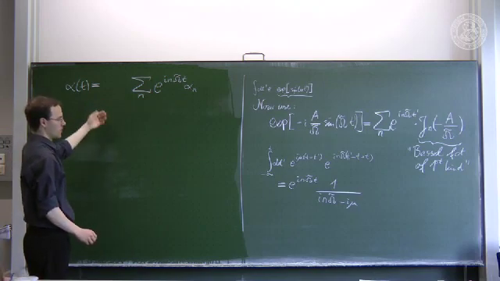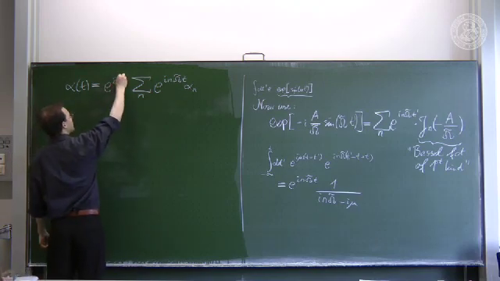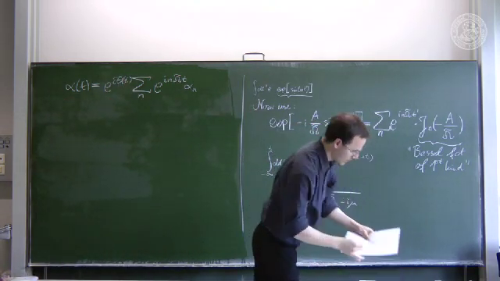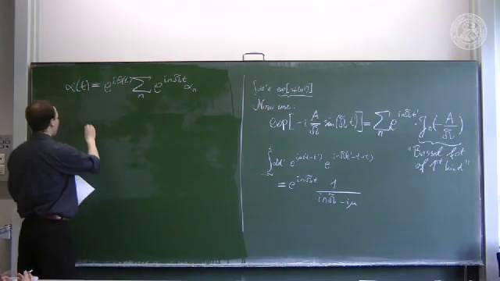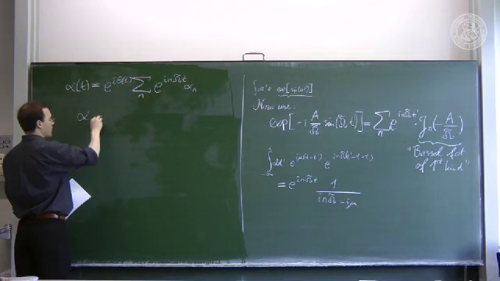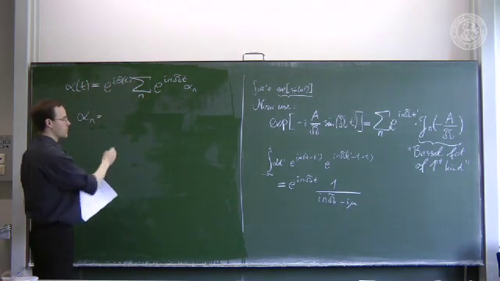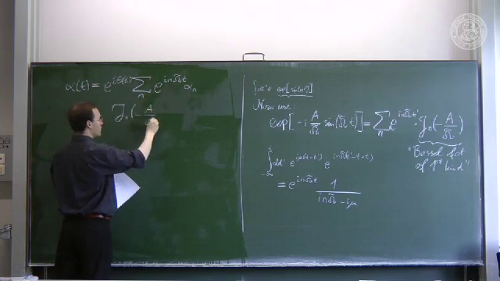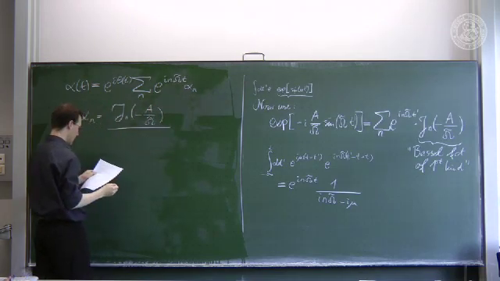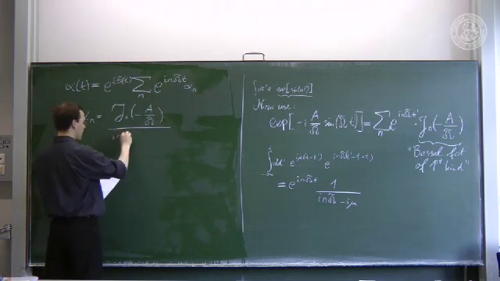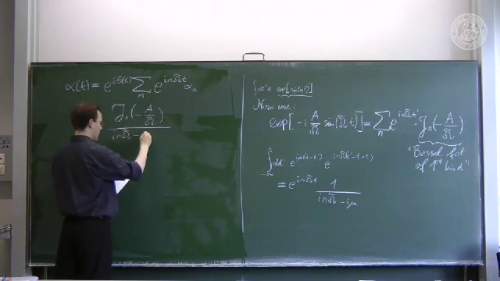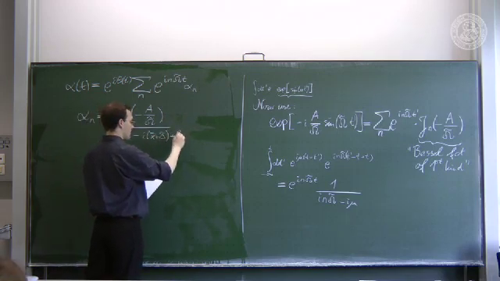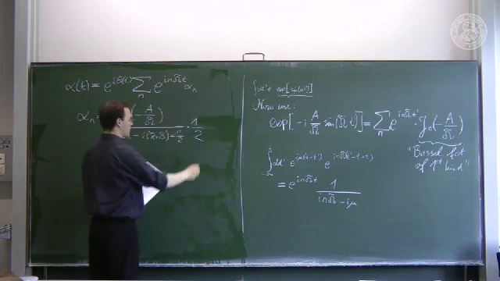And I will also pull out an overall phase factor, which is also very simple. So now these alpha n, how do they look like? Well, I just have to copy from there. This is J_n, the Bessel function containing the amplitude of the motion, divided by n omega tilde minus i x bar plus delta tilde plus 1/2, and then there was still a factor of 1/2 in front.